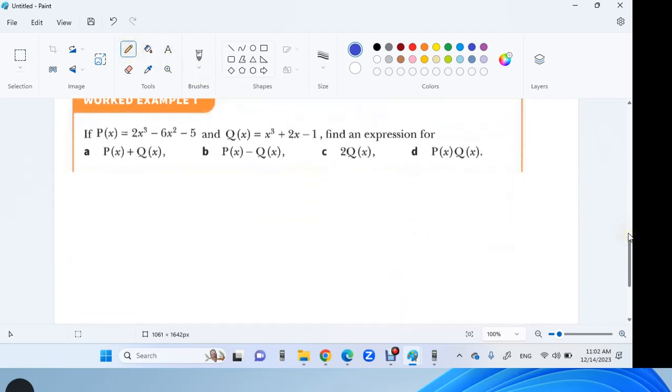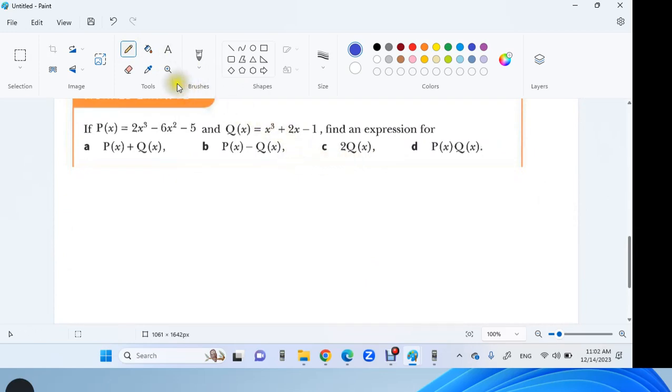If you look at example number 1, we are trying to do the addition, the multiplication and the subtraction for the polynomials. For a, p(x) plus q(x): p(x) is 2x cubed minus 6x squared minus 5, and then plus this one.